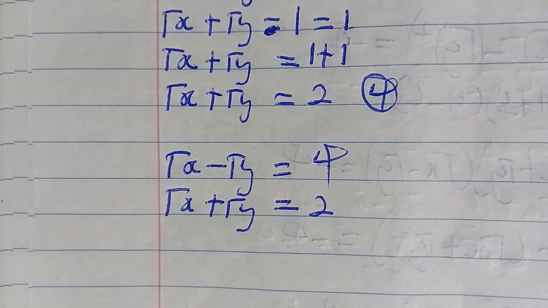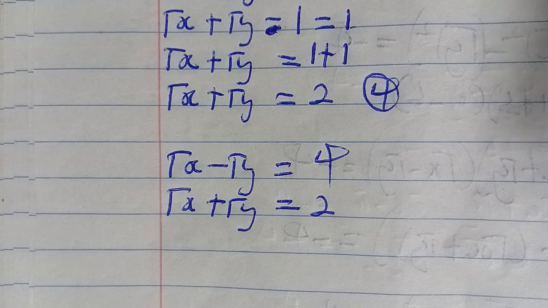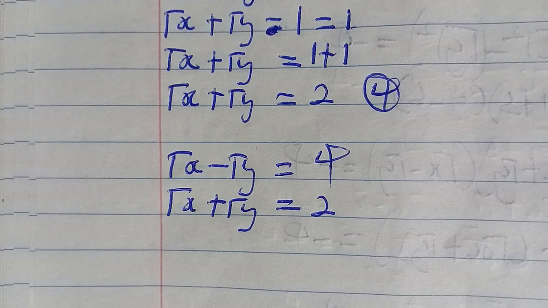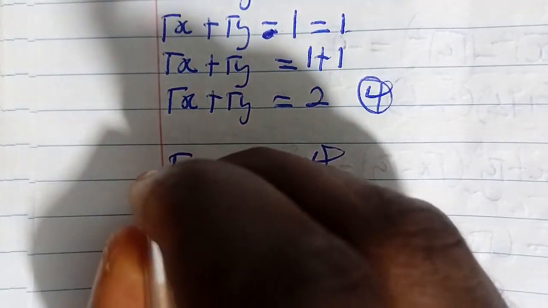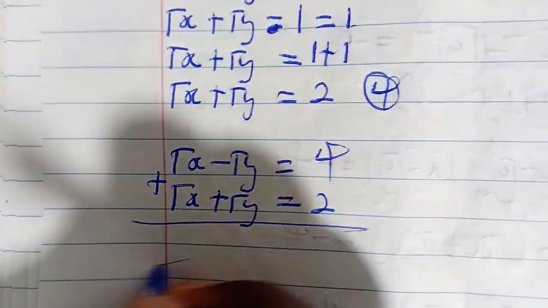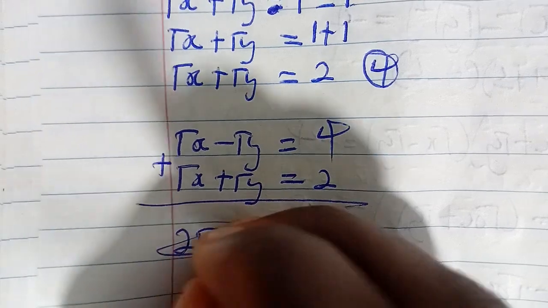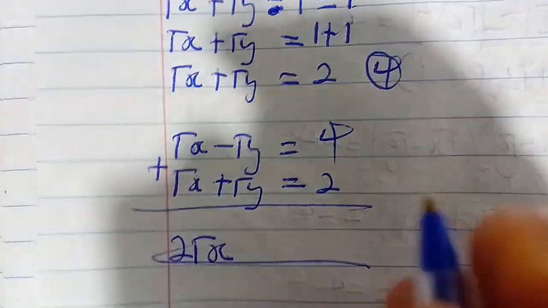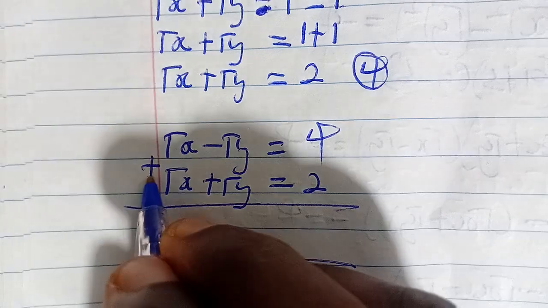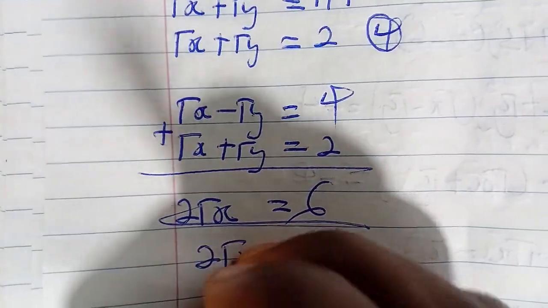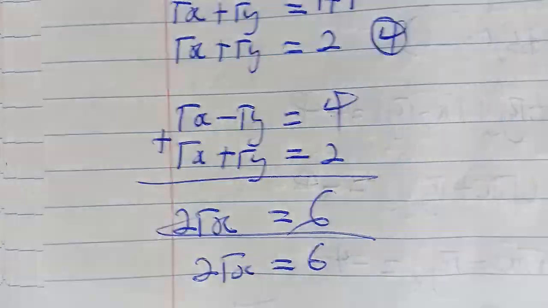Now let's use the elimination method to eliminate y. We're going to add both equations. When you add this and this, you have 2 root x. This and this will be 0. This and this give us 6. So you have 2 root x is equal to 6.